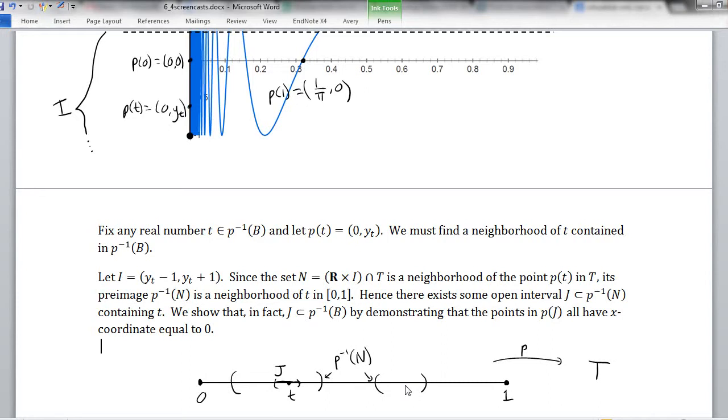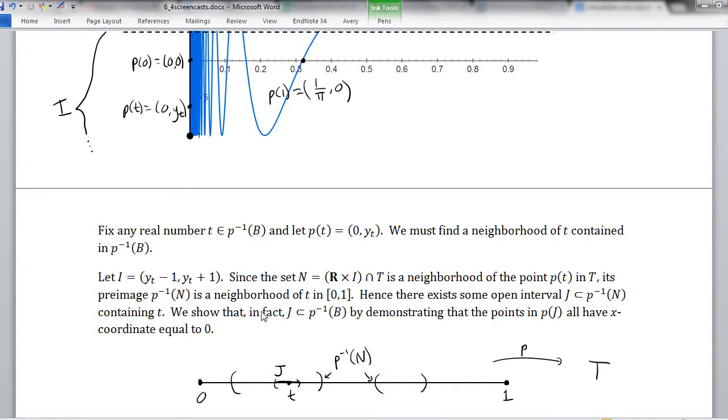Since it's open, we know that there exists an open interval J which contains t and is contained in the preimage of N. And I want to focus attention on that J because I know that J is connected.